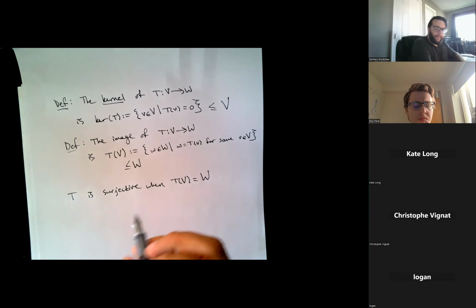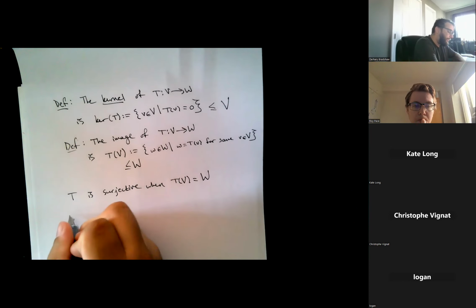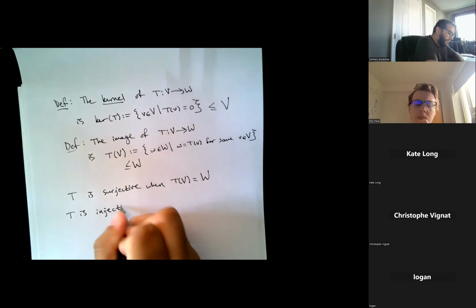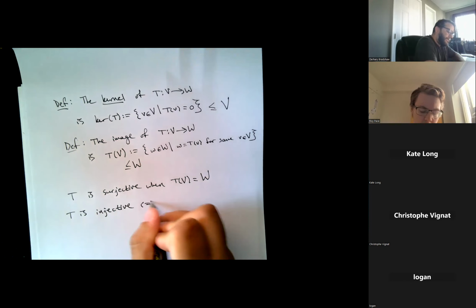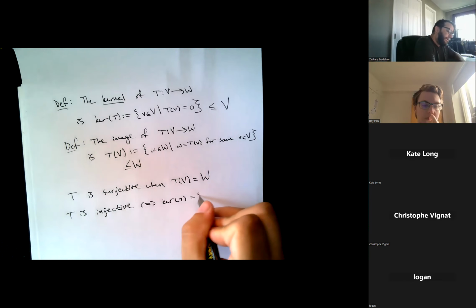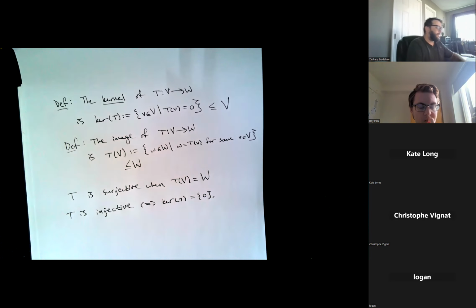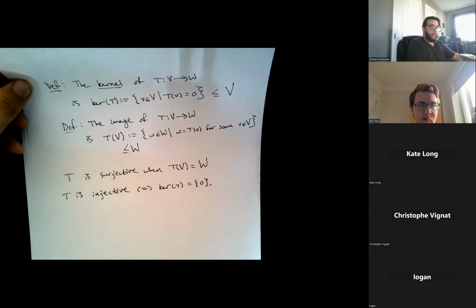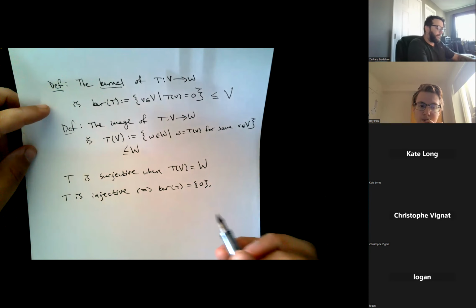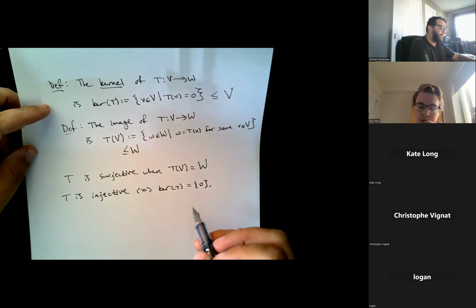So that one's pretty clear. What's less clear is that T is injective if and only if the kernel of T is 0. So this is a nice property. The proof is not hard, but since I'm running low on time, maybe I'll skip that one.